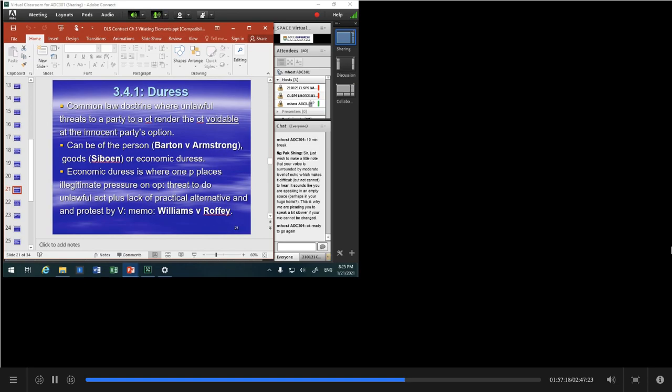And so the other type of undue influence, which is the more important one, is what we call presumed undue influence. Now, what is presumed undue influence?